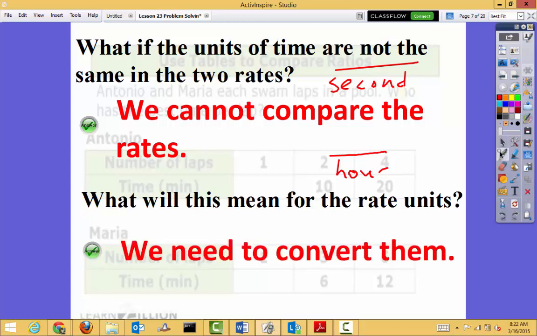It means I need to convert them. I'm going to need to change hours into minutes like we practiced last week, hours into 60 minutes, and then compare that seconds into hours.